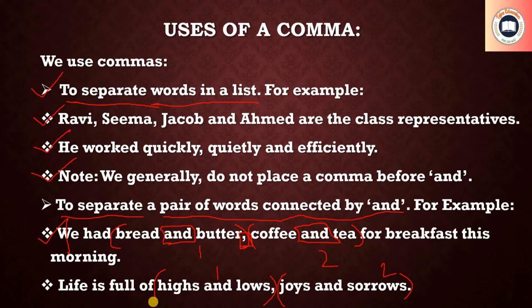Life is full of highs and lows, joys and sorrows. And since these two pairs are connected by the word "and", we are separating these two pairs by using a comma.